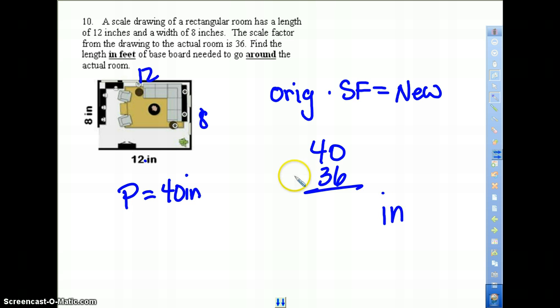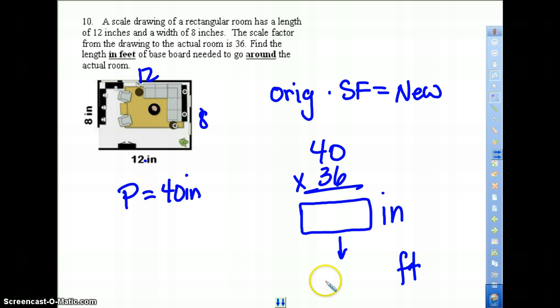Once you multiply this out and find out what your perimeter is for your room in inches, then you've got to convert it to feet. And how do you convert it to feet? Yeah, take the answer in the box and divide by 12. That's what you're going to do on number 10.